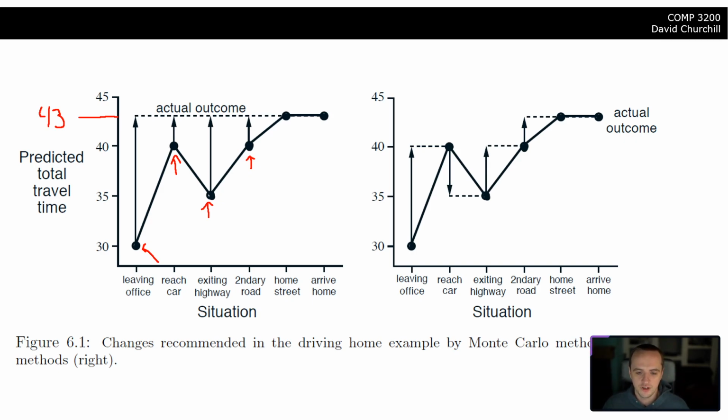However, in temporal difference learning, which is over here, what we do is, after each state, we make an observation. Okay, it's essentially the reward. And after each state, we pull the value of that state with our update function closer to our new predicted value. So initially, we thought it was going to be 40, then we thought it was going to be 35, then we thought it was going to be 40, and finally 43.